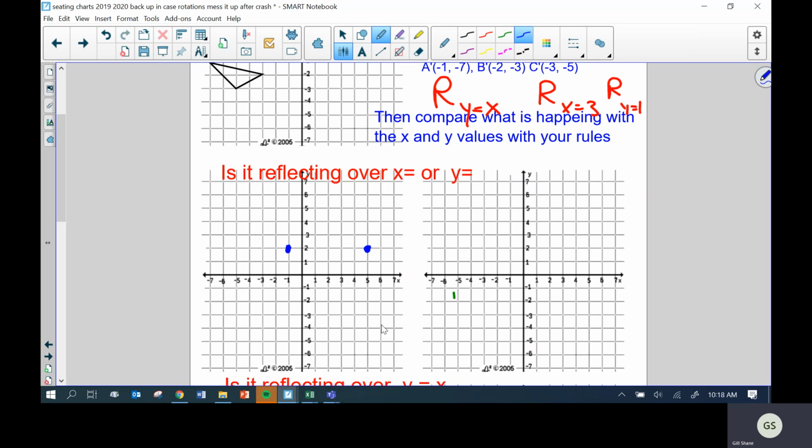So the only options I have left are reflecting it over y equals a number and reflecting it over x equals a number. Well, reflecting it over y equals a number would be a horizontal line. Because if y equals 5, that's my line.